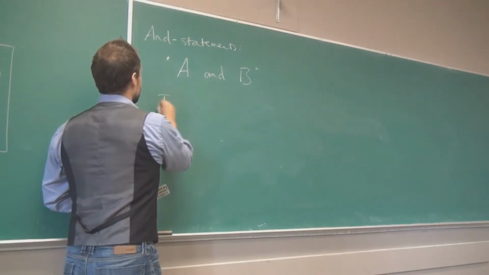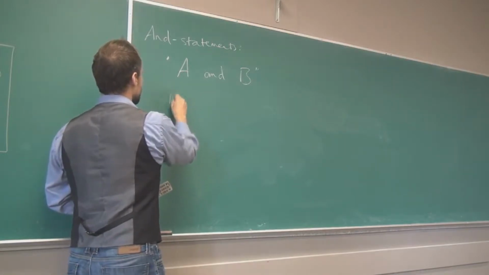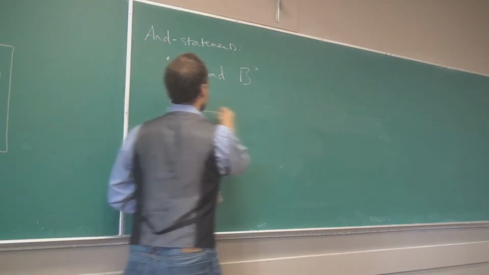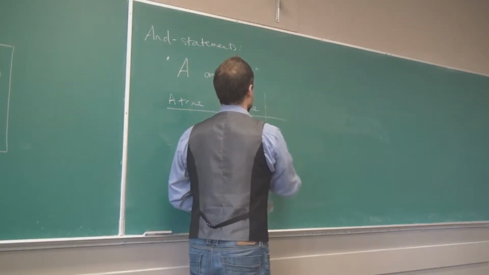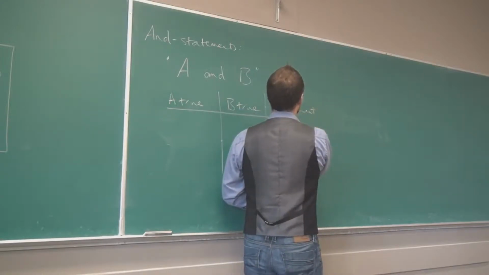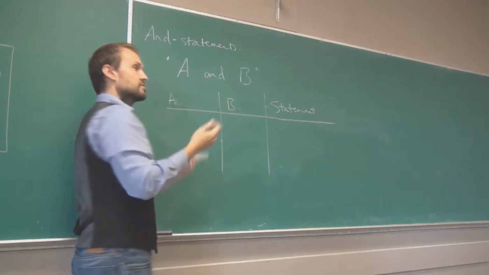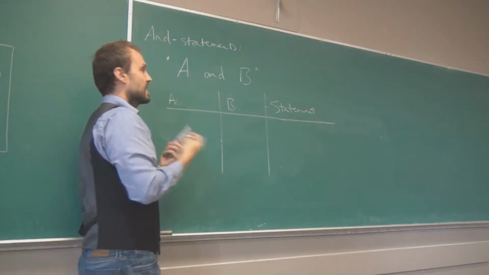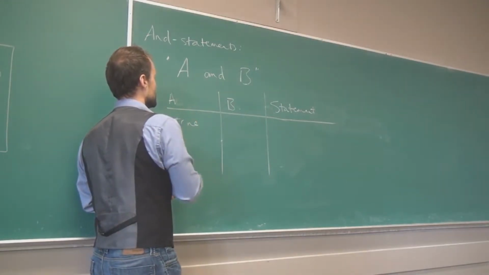So let's say it like this. A true, B true, the whole statement, or let's say like this, A, B. In my first situation, I said I had a remote in my hand, so that was true.